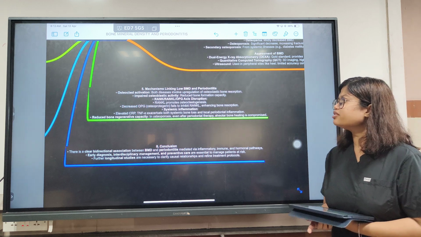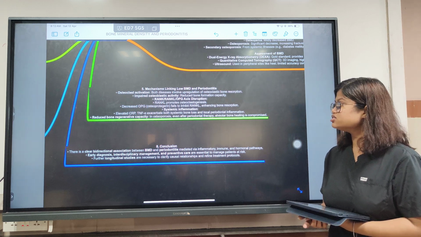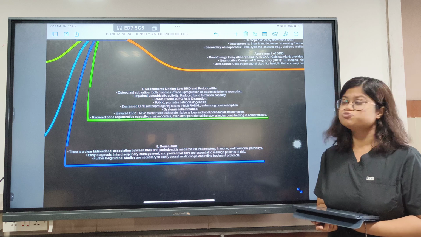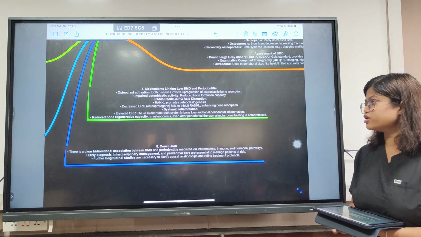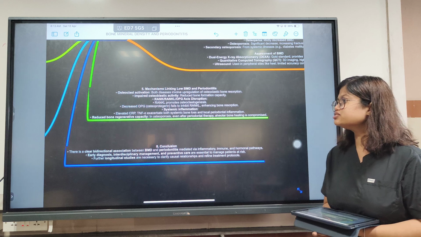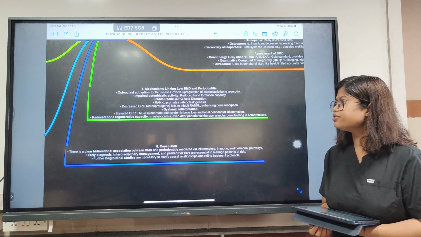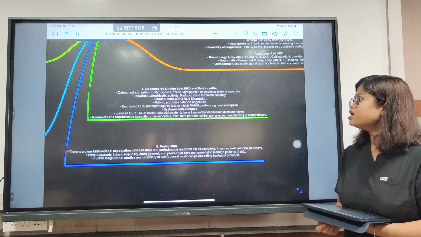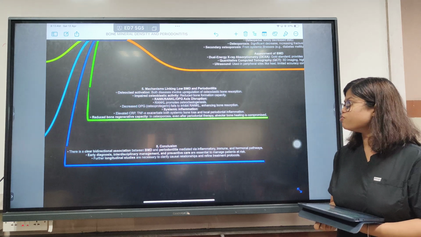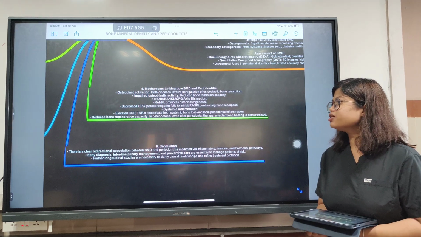The RANKL and RANK system and OPG axis disruption will be there, in which RANKL promotes osteoclastogenesis, and the decreased OPG will in turn fail to inhibit the RANKL system, allowing more bone resorption and systemic inflammation.